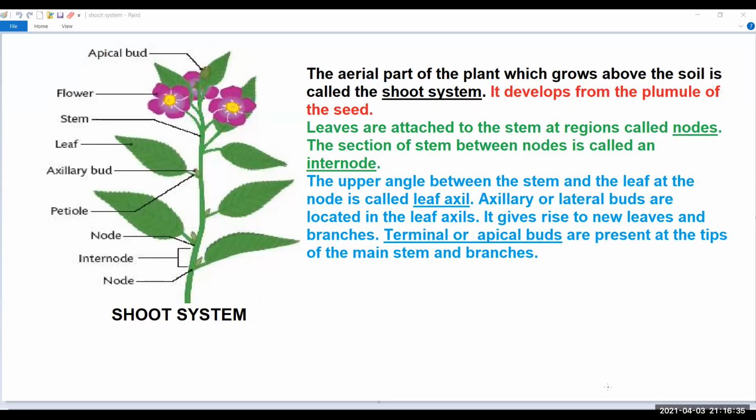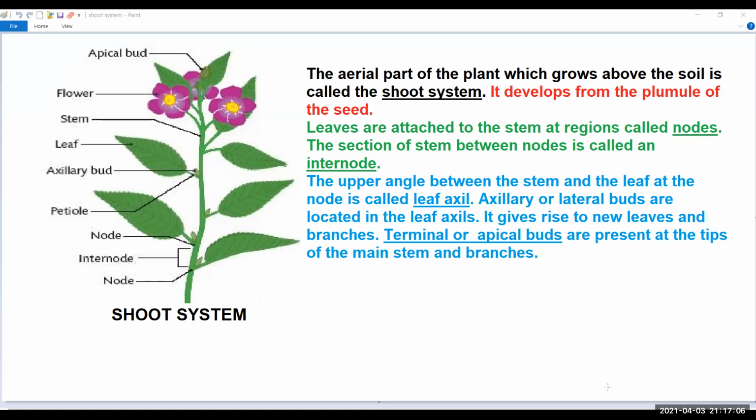Now, after root system, let us discuss the shoot system. The aerial part of the plant which grows above the soil is called the shoot system. It consists of stem, leaves, buds, flowers, and fruits.